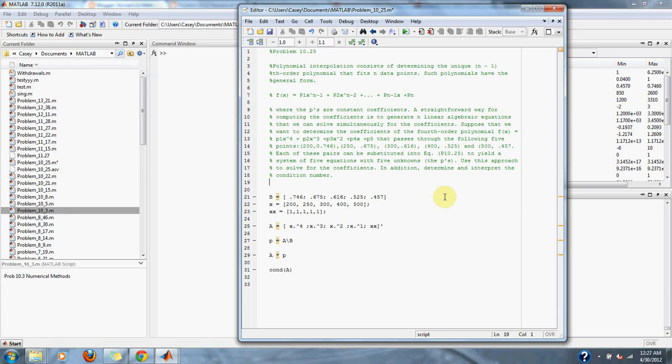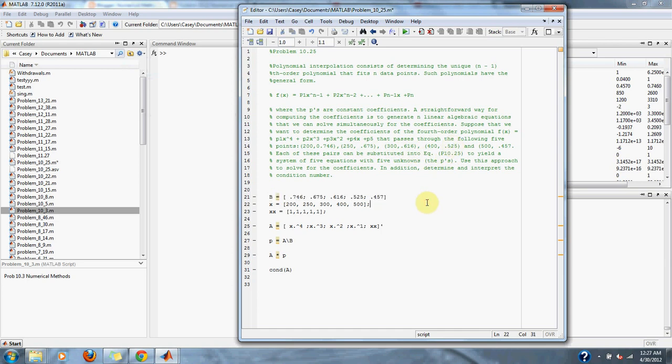So, given to us by our problem, we have a set of x and y values. For our y values, we make our B matrix. Simply set it to the numbers that are all the y values given to you.